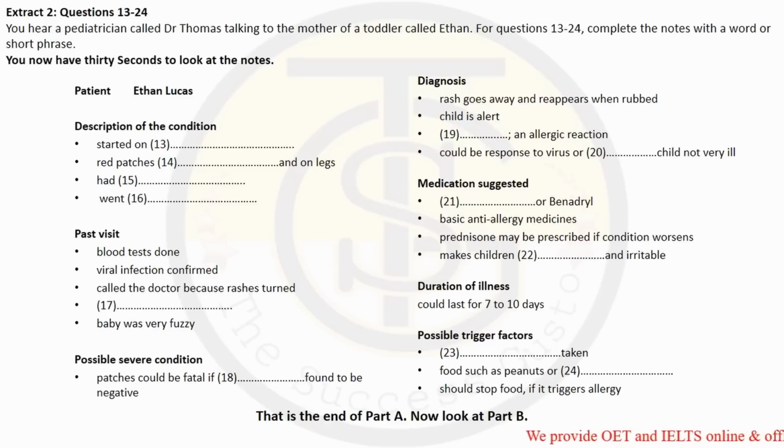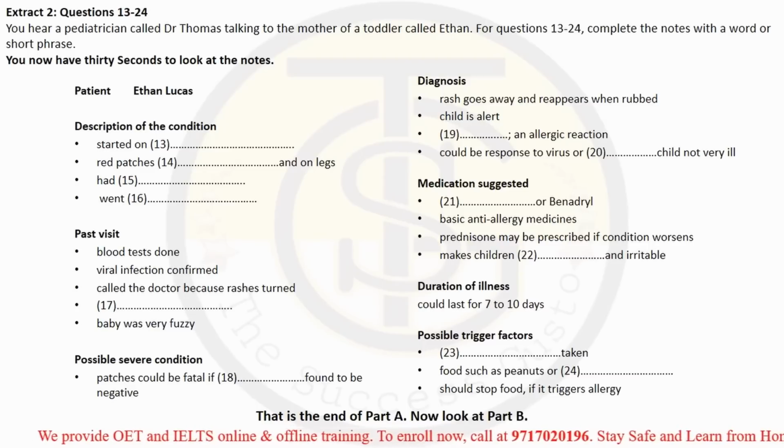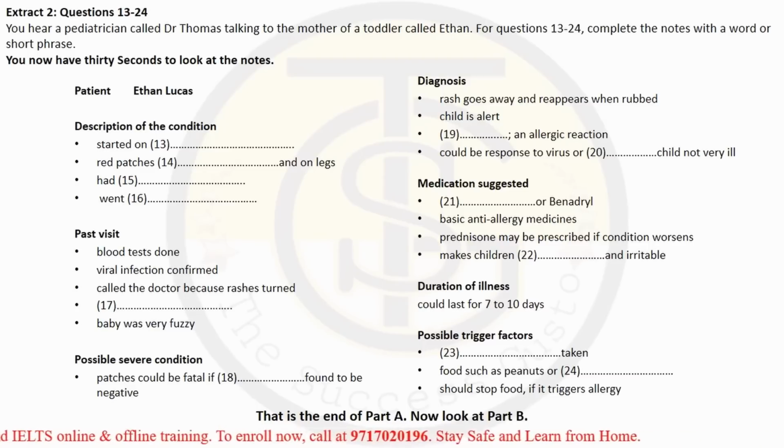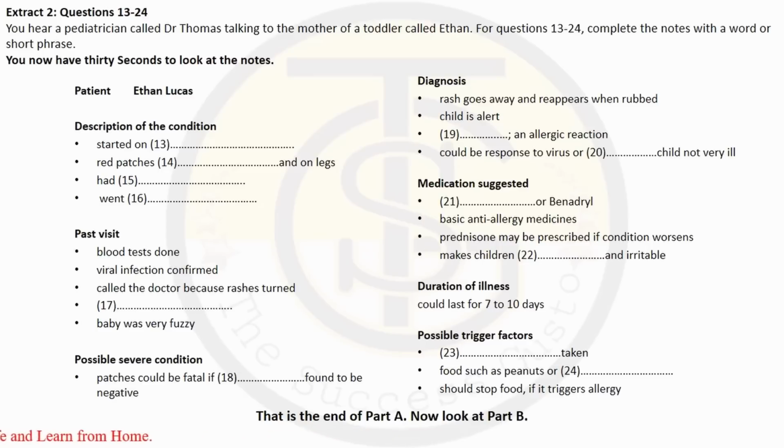Basically this is hives. This is an allergic reaction to the virus. So what we have here is a viral infection, and his body is mounting an immune response as well as an allergic response. And hives come and go.